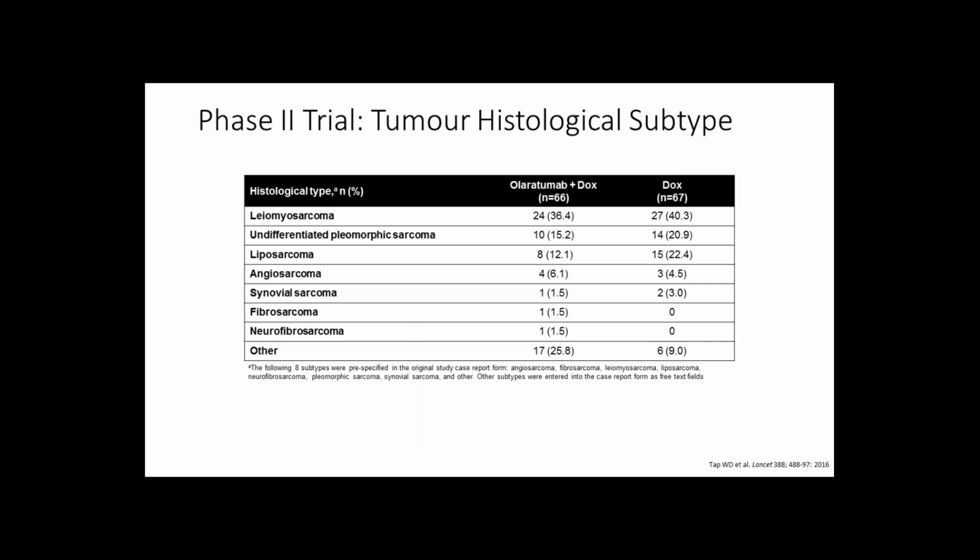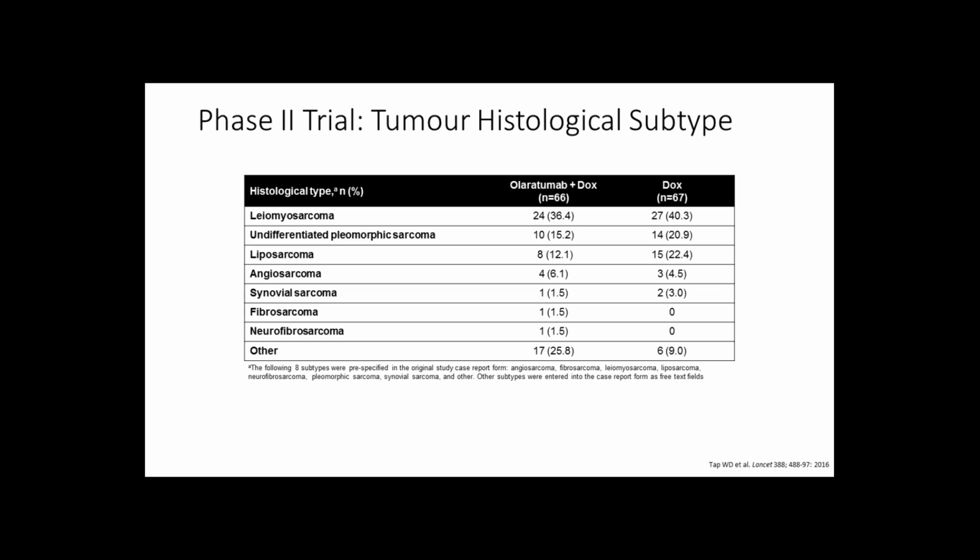This slide gives the breakdown of the histological subtypes in both arms of the trial. So relatively well balanced for some of the more common subtypes. Leiomyosarcoma was the most common subtype overall: 36% in the combination arm, 40% in the single agent doxorubicin arm.